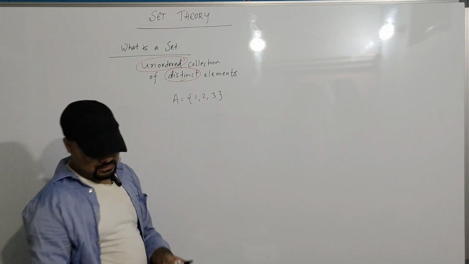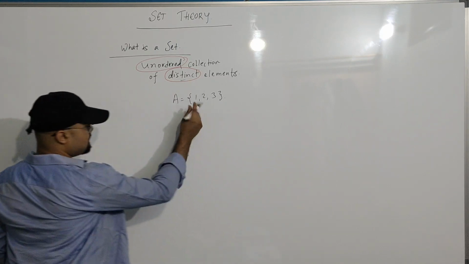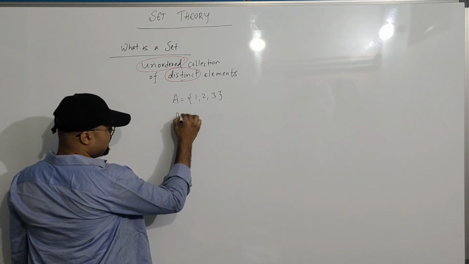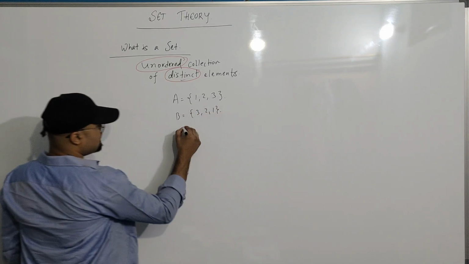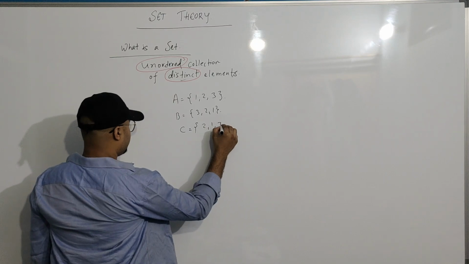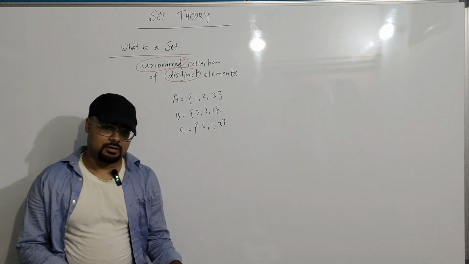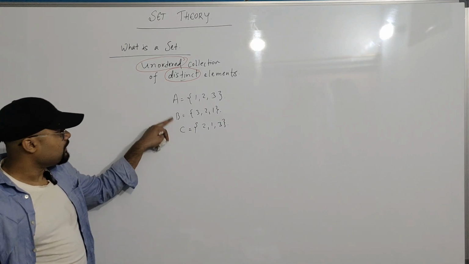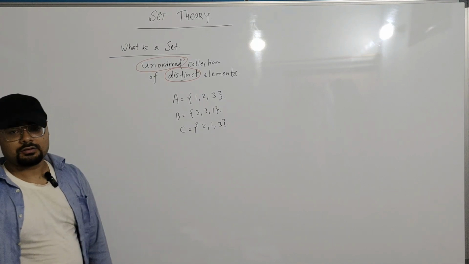If I take another set with the same elements, 1, 2, 3 only, B is 3, 2, 1, and any other set C is 2, 1, and 3. Then all of these are equal sets mutually. A is equal to B, A is equal to C, B is equal to C, B is equal to A.